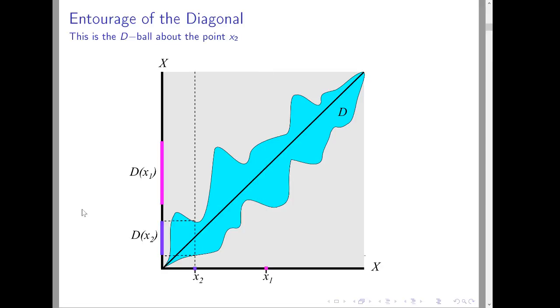You can do this for a different point, so if x2 is there, then you'll get the purple strip, which is the D ball about x2.